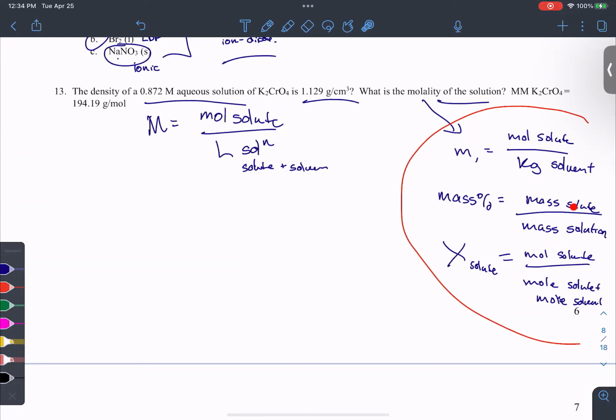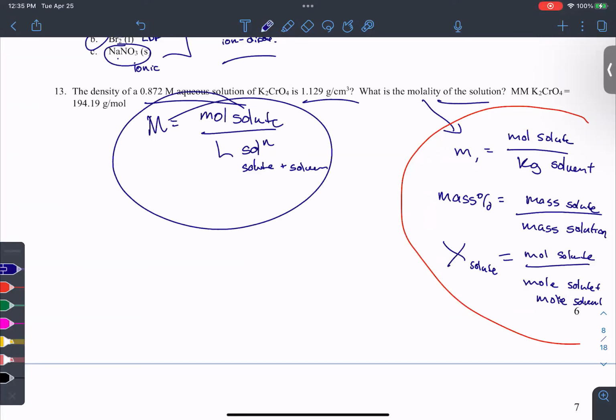If I know the identity, the molar mass, yeah. If I know the kilogram amount of solvent, do I know the mole amount of solvent? Yes, all of these are interchangeable as long as you know the identity of your solute and solvent and their molar masses.